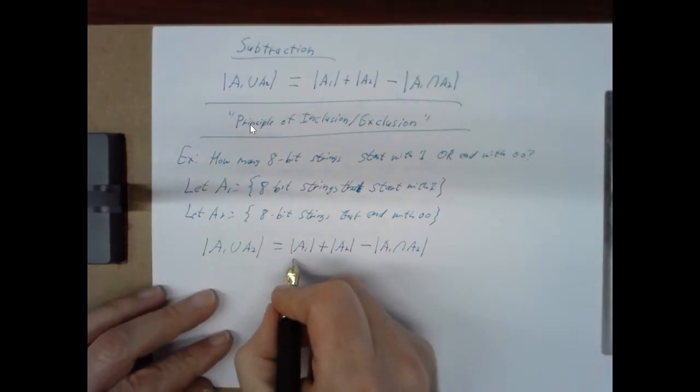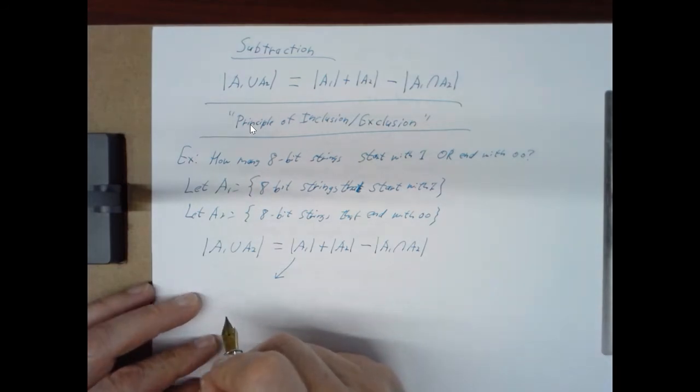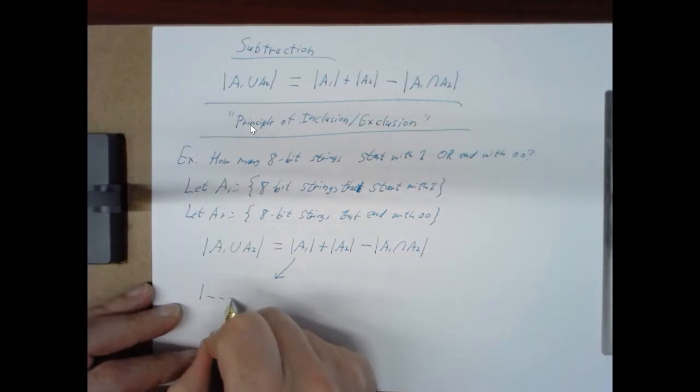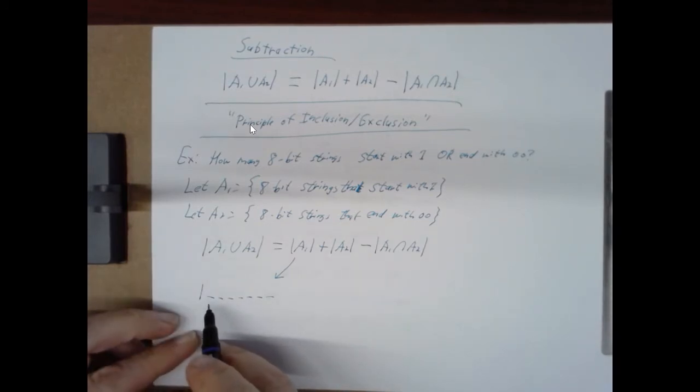Okay, how many 8-bit strings start with a 1? So these are strings that look like this. So how many ways can we fill in 7 blanks with 1s or 0s? Okay, every bit can be a 1 or a 0.